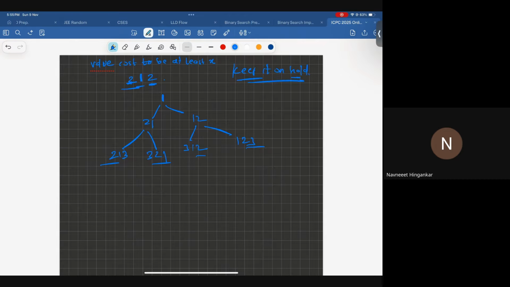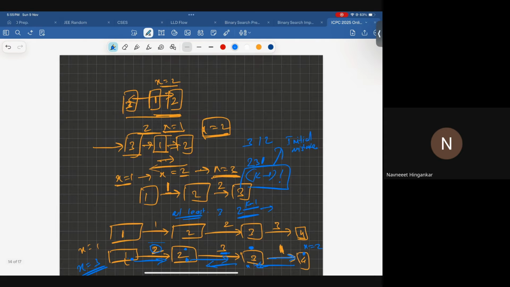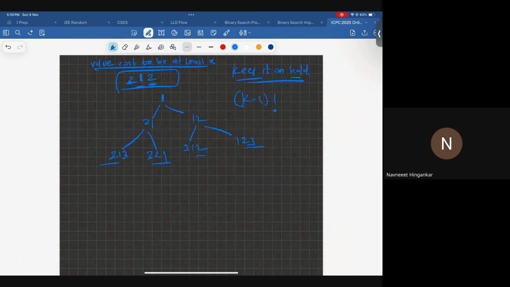Okay, so this was the calculation part. Initially I calculated that number to be k minus 1 factorial, right? Because I could permute it any way, and there are k edges. And the observation here was, if I need my cost to be at least x, I need to form a chain of those nodes.